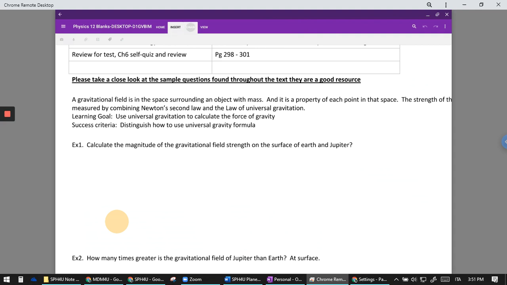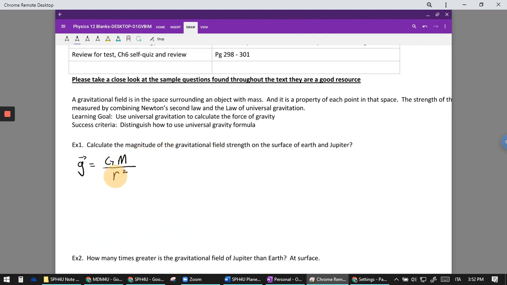Well, as it turns out, the gravitational field strength is just a small g, which is a vector, okay? And it's equal to capital G m over r squared, okay? And this formula basically works such that m is the object that is producing the gravitational field, okay?